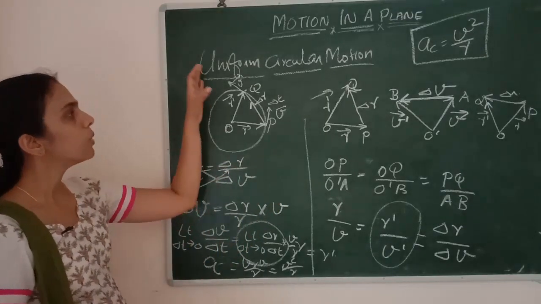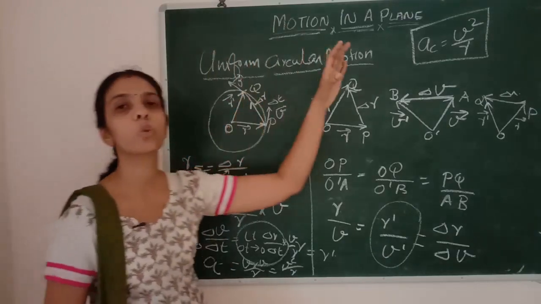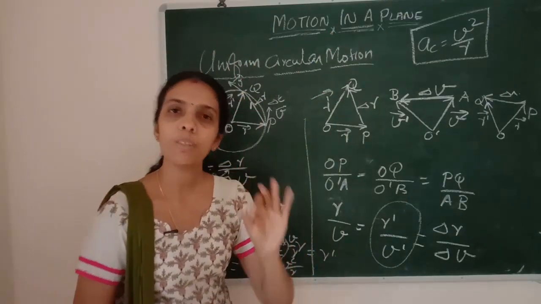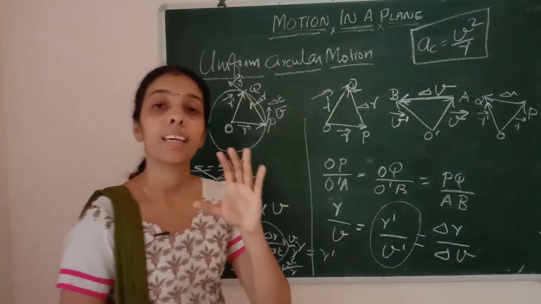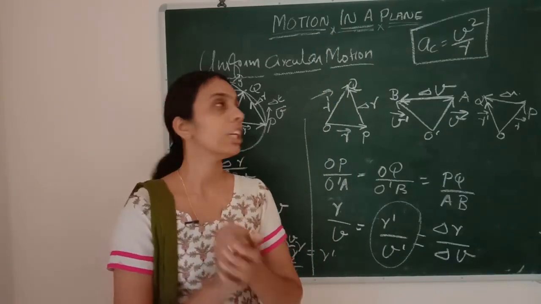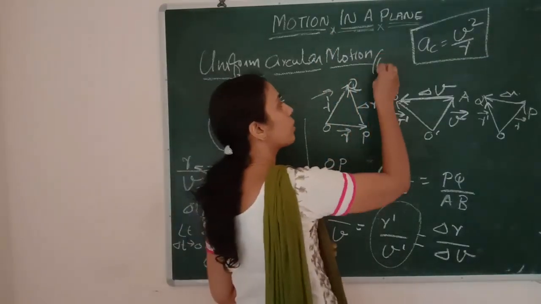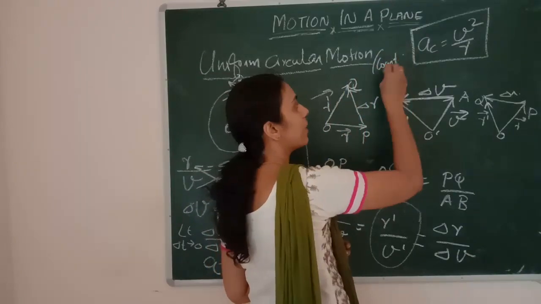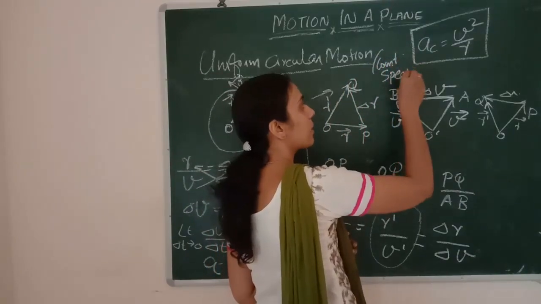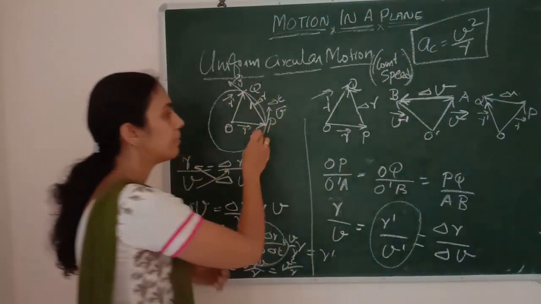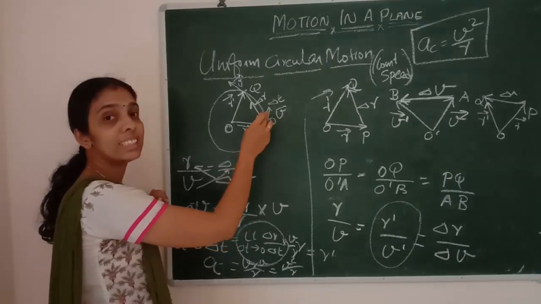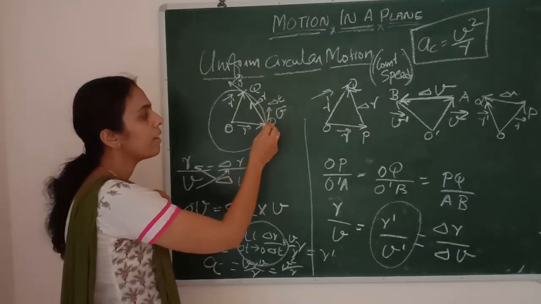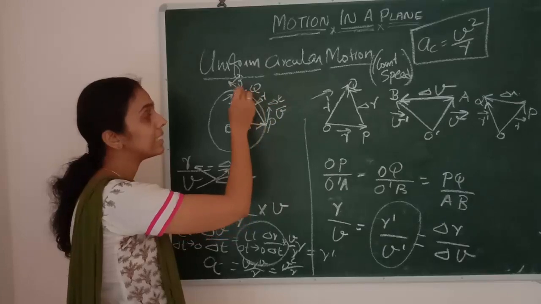Okay, now what is meant by uniform circular motion? Uniform circular motion means that in a circular path, the object is moving with a constant speed. We are not saying velocity, because velocity will be changing at every point.